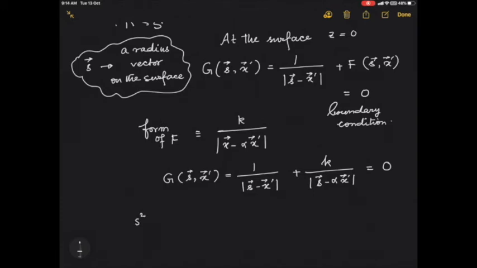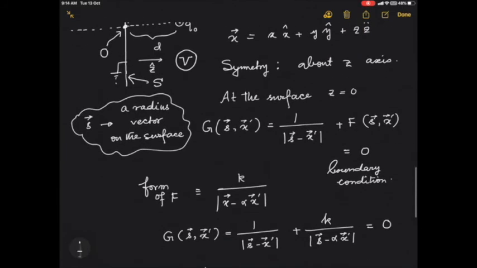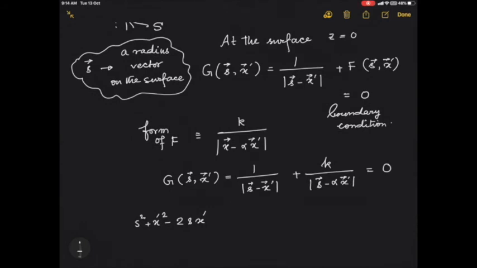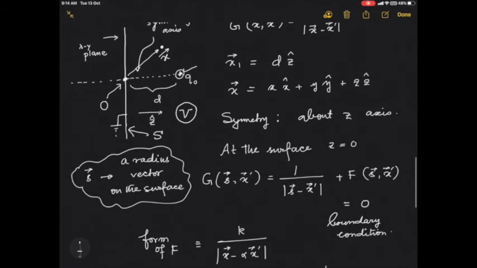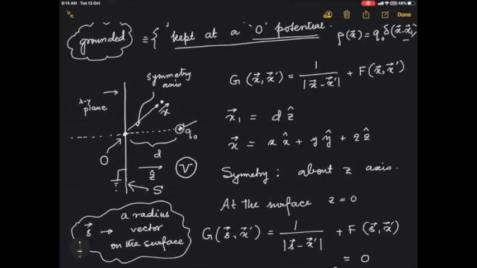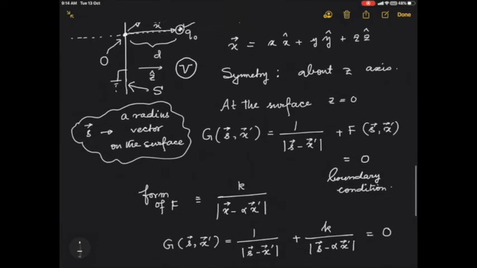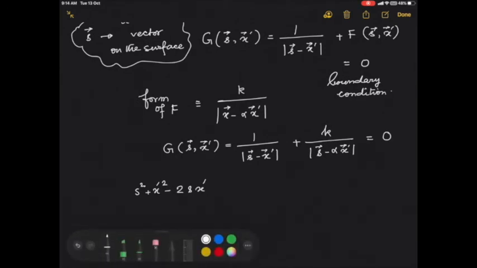Now, what is the denominator in the left hand side? This is s square plus x prime square minus 2 s x prime. And if I consider the angle between them, what is the angle between them? Well, x prime is this vector, and s always lies on the surface, so the angle between them is 0.